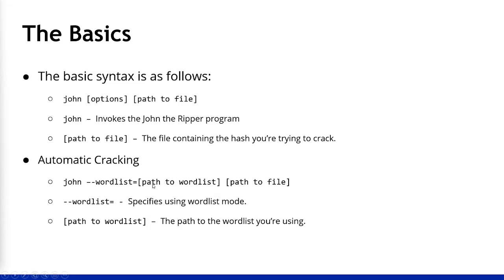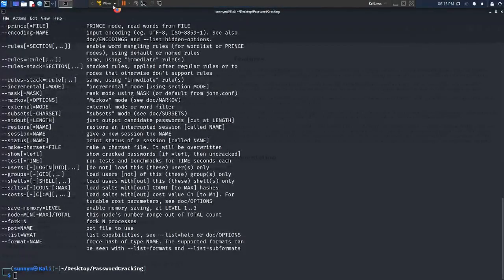All right. So let's talk about something called automatic cracking. This is a feature of John in which you basically supply John with a word list and a path to the file containing the hash. And John will do a brute force dictionary attack on that hash to figure out what the password is. There are a bunch of different word lists available online, like we talked about in our other workshops.